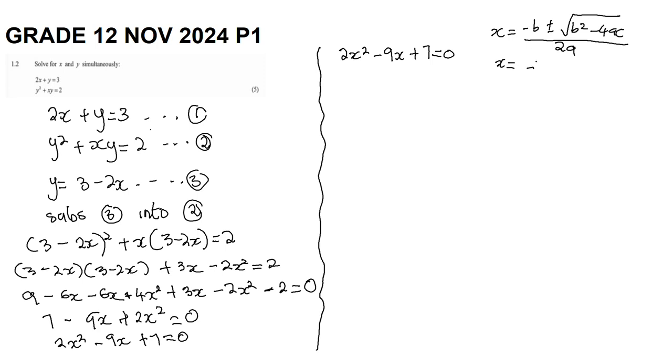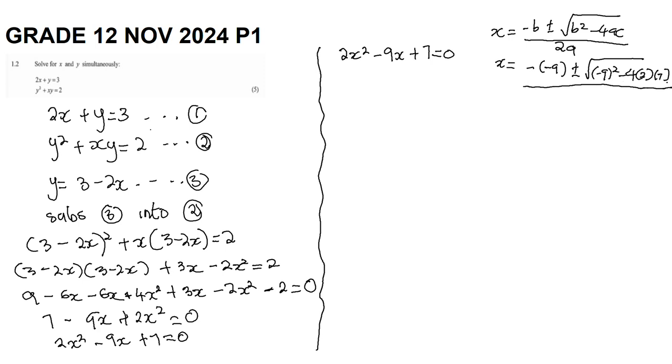If you don't know about the quadratic formula, you can just comment, then I'll show you how it was derived. So our b in this quadratic equation is negative 9, plus or minus the root of negative 9 all squared minus 4 times a, which is 2, and then our c, which is 7, guys. This is very simple.